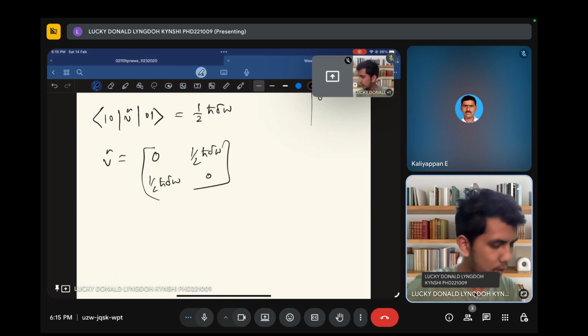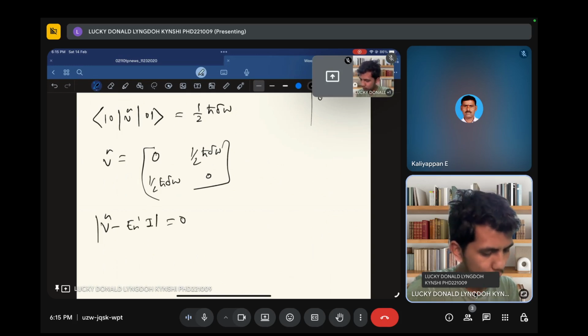Right, now you use your V prime minus lambda, or you can write E n 1 also, I will be equal to 0. That means the matrix with minus lambda on the diagonal, and half h cross delta omega off the diagonal.